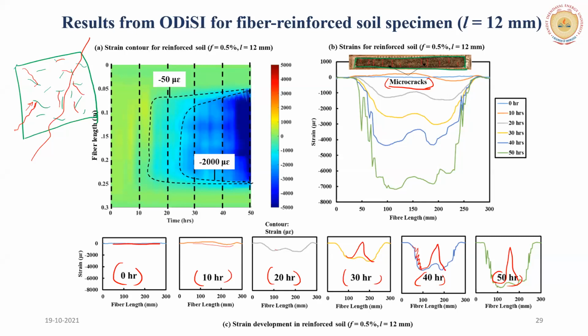But there will not be an exact correlation between these two, because the image analysis is measuring something from the top, while in this, we are measuring the strain development within the soil material. So there will be some correlation, but it will not be the same, right?